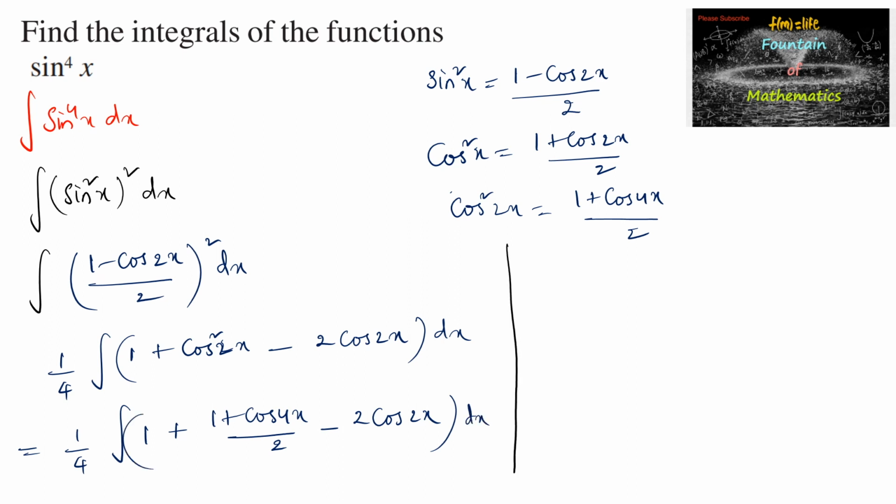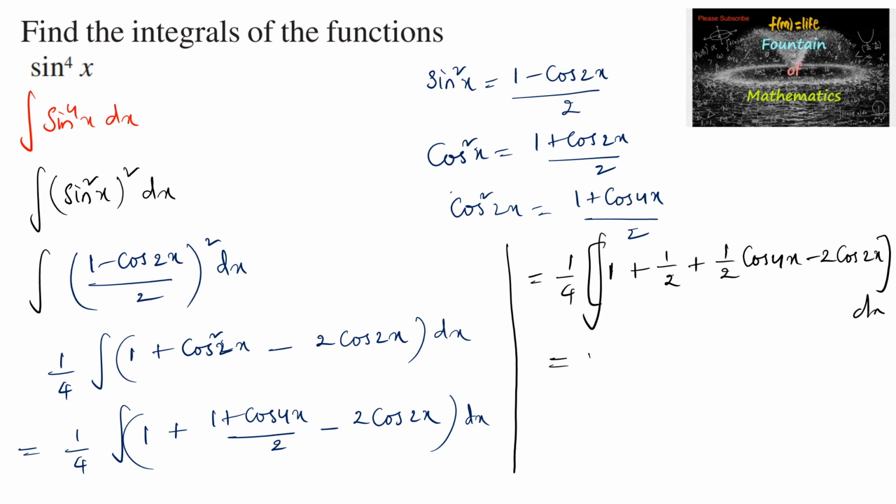So we can write 1 by 4 times of integration of 1 plus 1 by 2 plus 1 by 2 cos 4x minus 2 cos 2x dx.